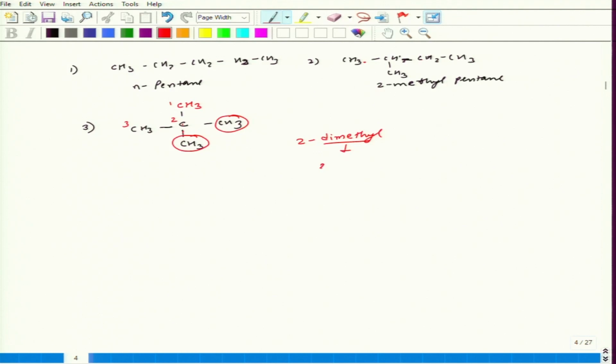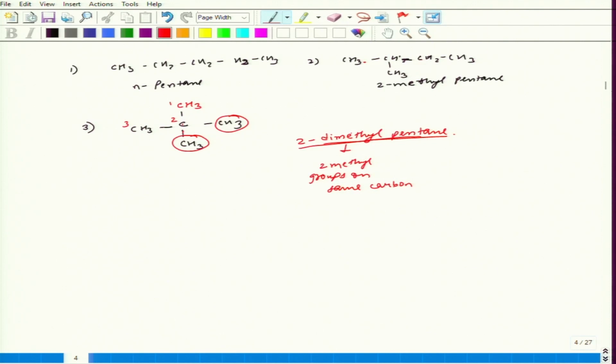Dimethyl means 2 methyl groups on the same carbon, and the parent will be propane. So this is 2,2-dimethyl propane.